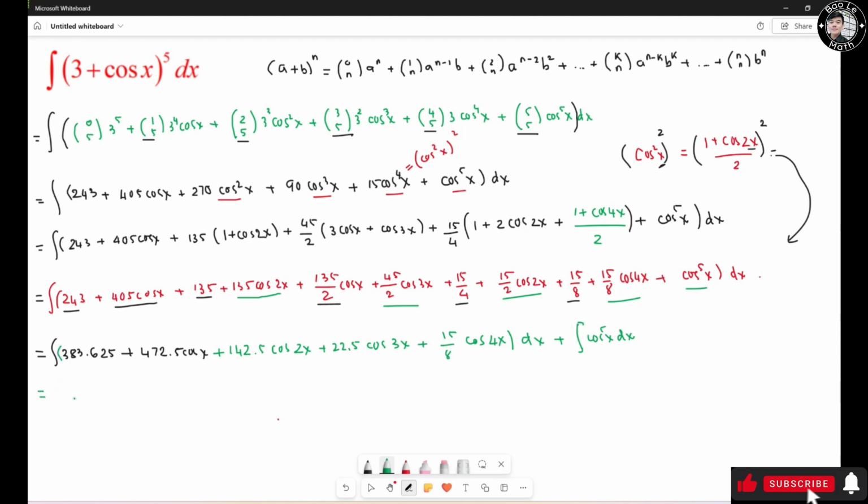Alright, now we take the antiderivative of this one, so it's going to be 383.625 s plus 472.5 sine s plus this guy is going to be 1 half, right?